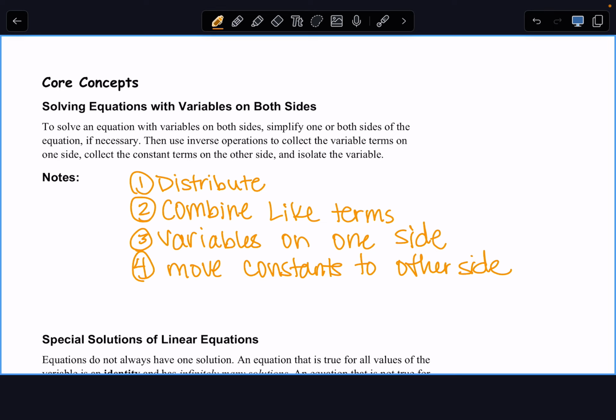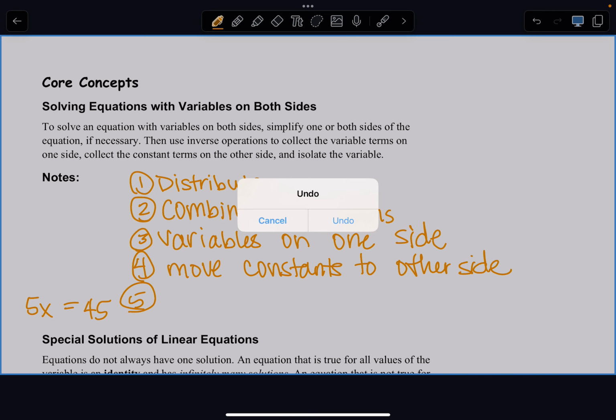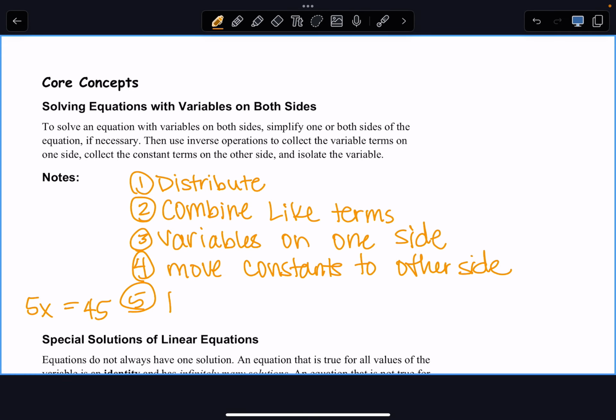At this point, if you have like 5x equals 45, we have x's on one side, constants on the other, then you can divide by the coefficient. And you should have x equals.